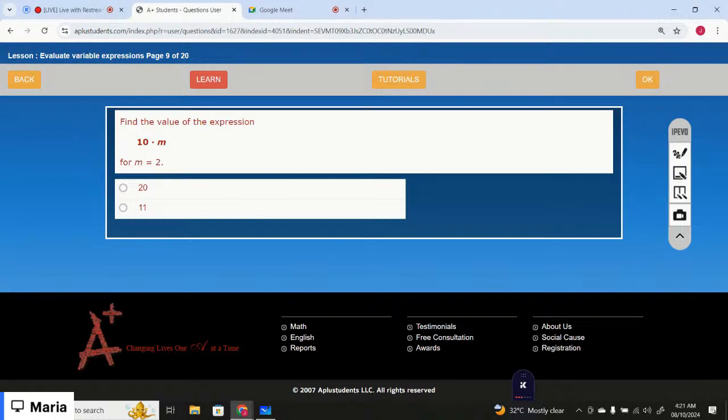Okay, the next one is find the value of the expression that is 10 times m. You have to evaluate it for m equals 2. So which is the correct option?